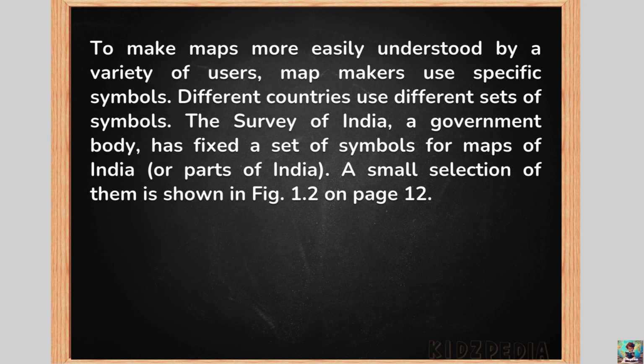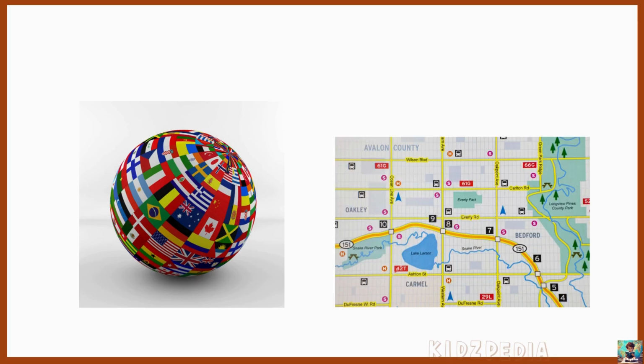Maps need to be easy to understand for everyone, right? So map makers use specific symbols that everyone can recognize. Different countries may have their own sets of symbols to show things like roads, buildings, forests, rivers, and more. This helps people from that country read maps easily.